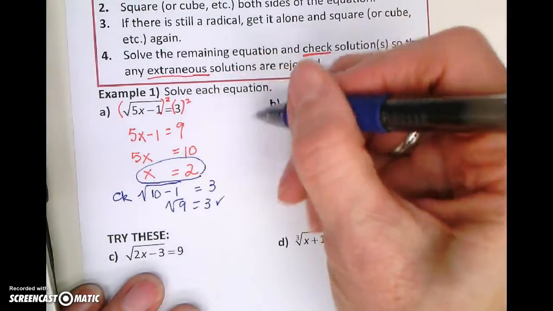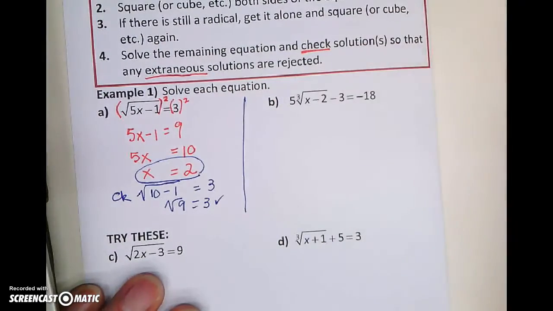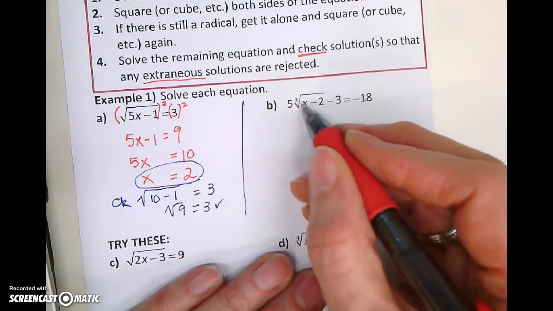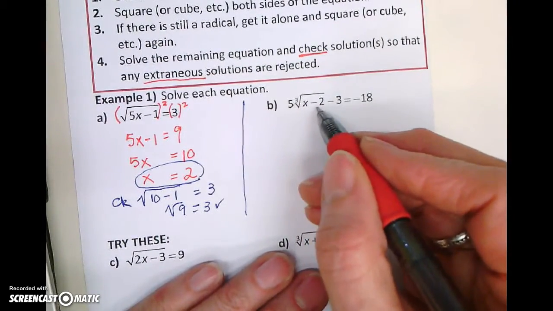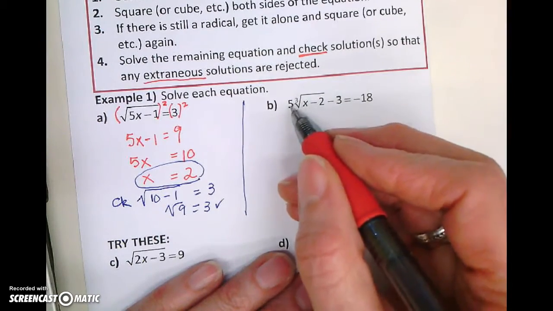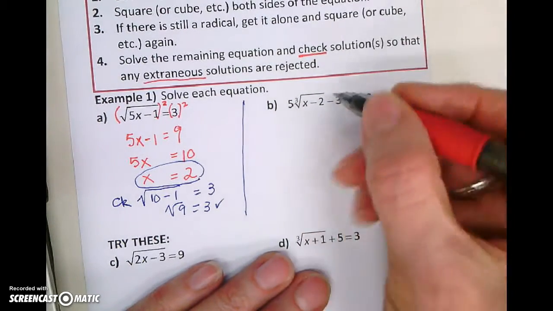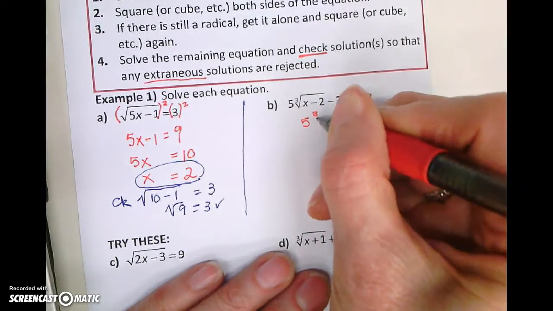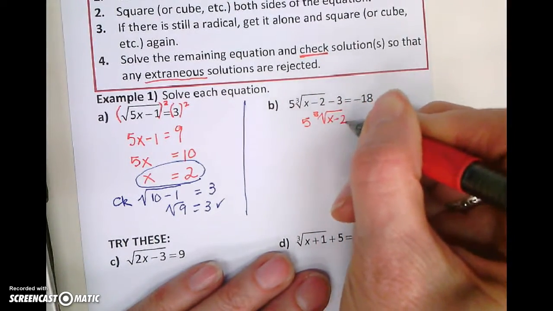For B, this time we have a cube root, and it's not alone, so I need to isolate it. I'm going to first have to move the 3 over. So I'm going to add 3 to the other side. So 5 cube root of x minus 2.